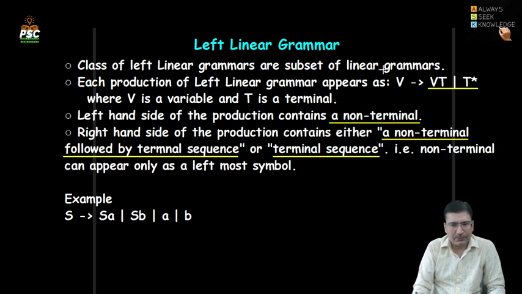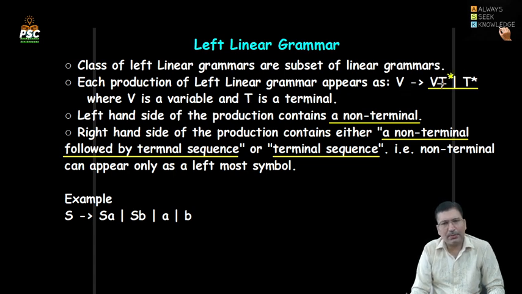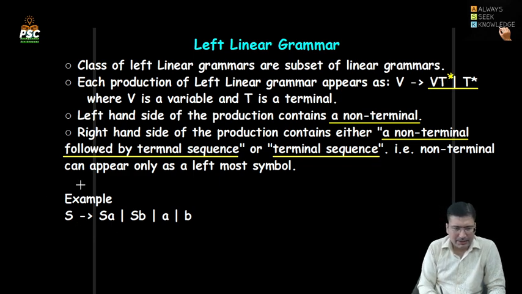Terminal sequence can be written with an asterisk. The example we can take is S derives S A, where S is a non-terminal and A is a terminal, S B, or single A or single B. This is an example of left linear grammar.